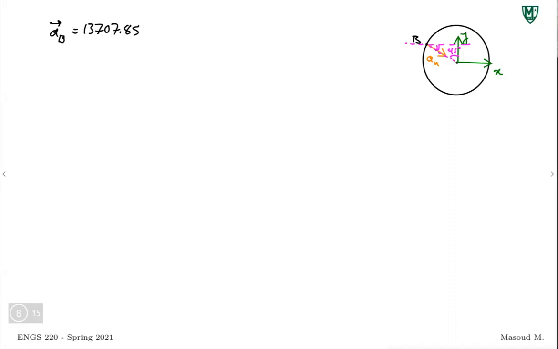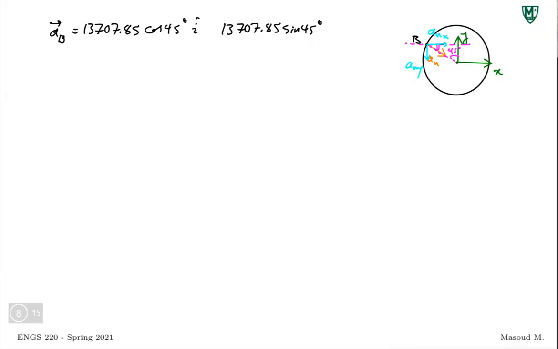Again, the danger of making things crowded there. I'll just draw it here. This would be AN in the X direction, and this would be AN in the Y direction. So the first one would be this value multiplied by cosine 45 degrees, in the I component in the X direction. It's positive, so I'll leave it that way. The second one would be 13707.85 sine 45 degrees.